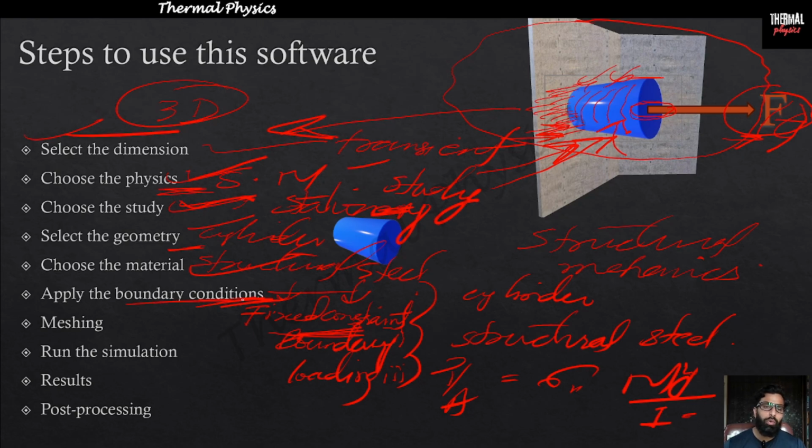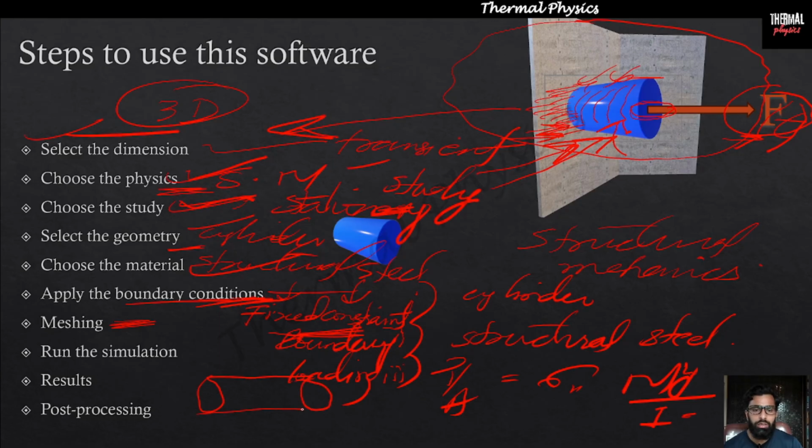How the computer solves this problem is called a numerical simulation. And for numerical simulation, meshing is important. What it does is it breaks the whole domain. Our domain is this prismatic bar. It does not solve the entire problem on this prismatic bar.